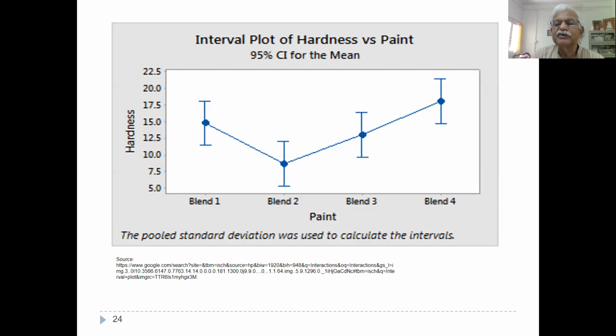So if you find significant differences between 4 blends, you are not in a position to say whether there is a linear relationship in blend level and the hardness.